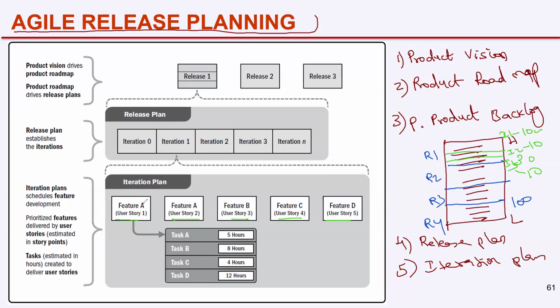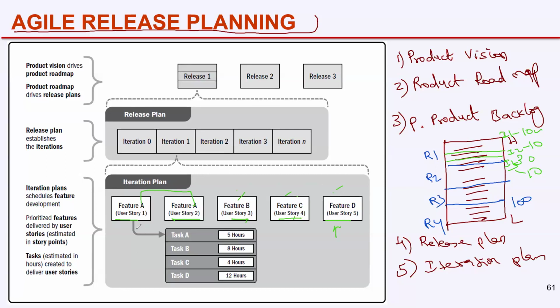One feature here, like feature A, is fulfilling 2 different requirements, user stories. Other features are fulfilling one particular requirement. Feature B is fulfilling requirement 3, user story 3, feature C, requirement 4, and so on. So in iteration 1, we will be delivering 4 features which will fulfill 5 requirements of the customer. Requirements are kept as user stories.